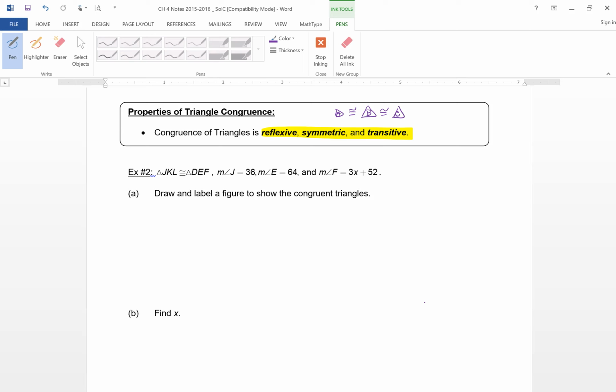Okay? All right, so here it says draw and label a figure to show the congruent triangles. We're told triangle JKL is congruent to DEF. So what I do is I first draw one of them, and I label J, K, L, and then I'm going to draw another one, okay, and I'm going to call it D, E, F. Now, if it says to show congruent triangles, then this isn't enough.